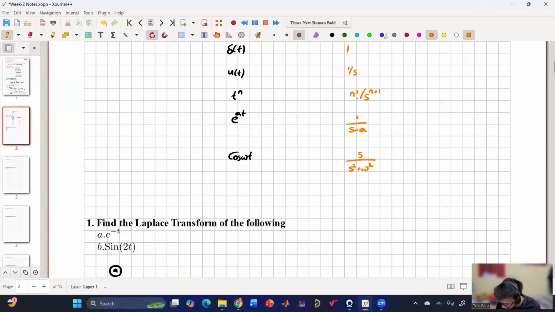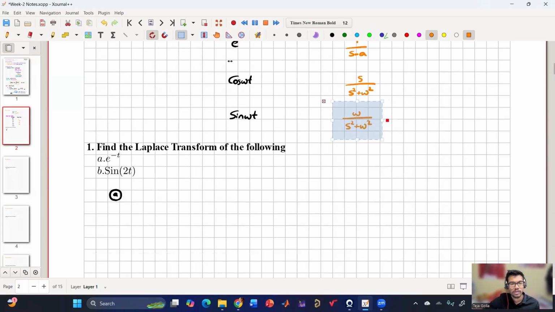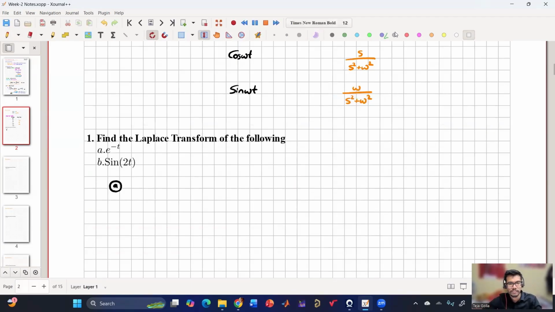Similarly, we have sin omega t, which is omega by s square plus omega square. Are these fine? These are just some standard results that I'm mentioning so that you can use them.